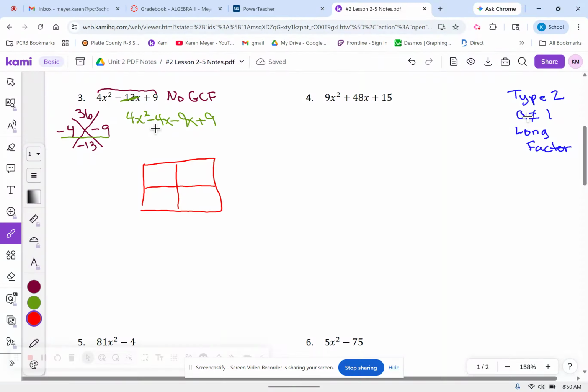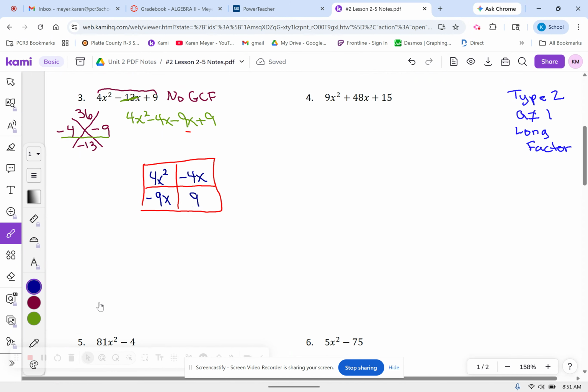But now you're going to take these 4 terms right here and you're going to put them inside the box. So 4x squared minus 4x minus 9x plus 9. Okay, so there's a reason why we went from 3 terms to 4 terms, so that we can put those 4 inside the box. All right, so now what we want to do is look up and down.